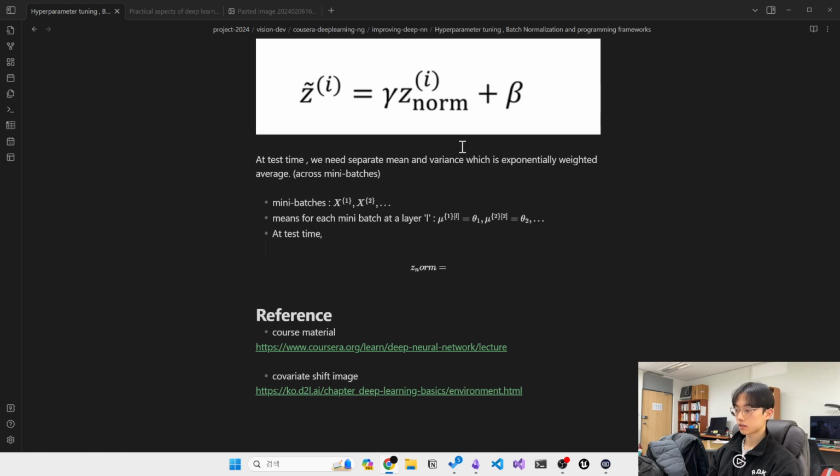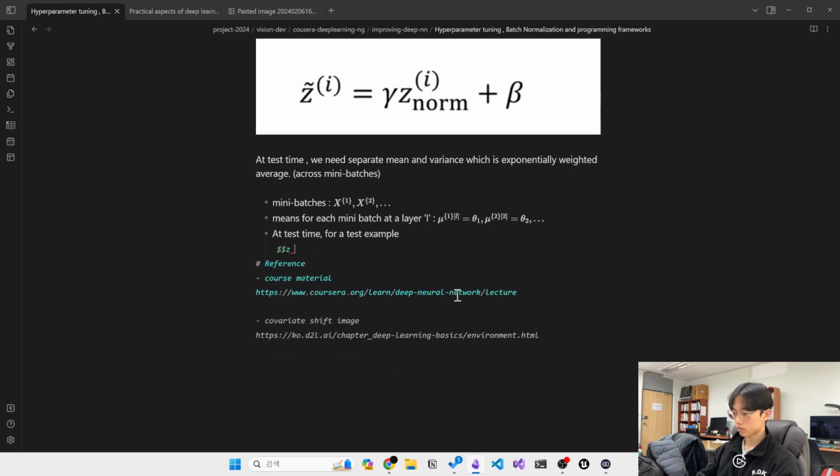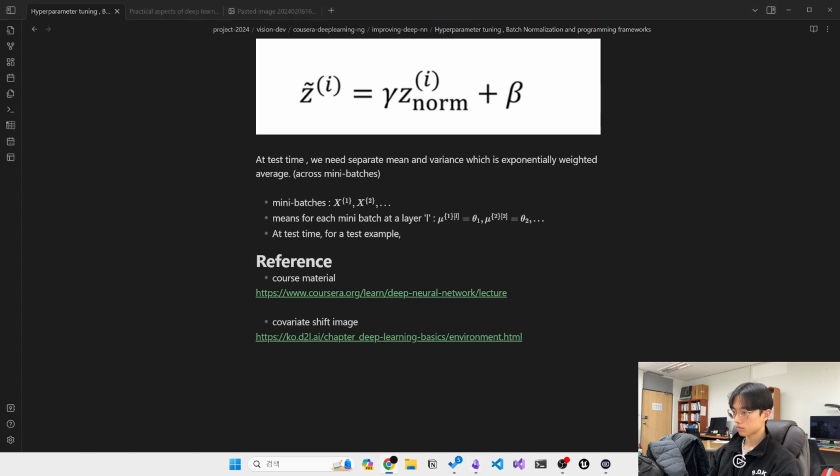So the way to do that is to estimate mu and sigma squared from your training set. And there are many ways to do that.